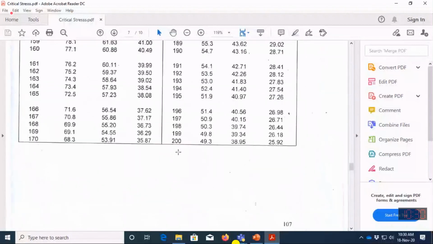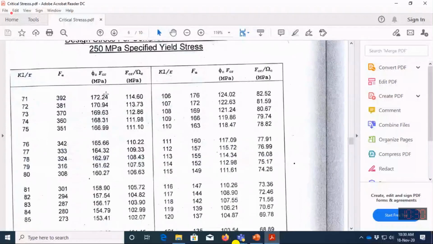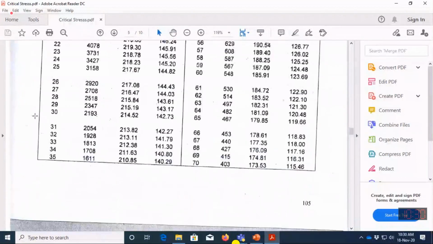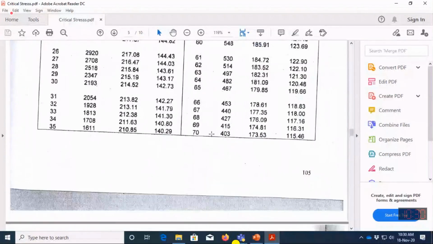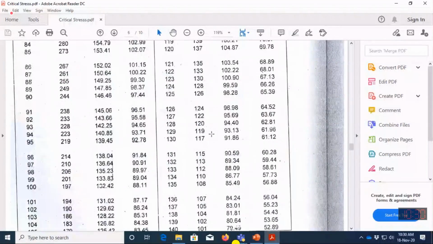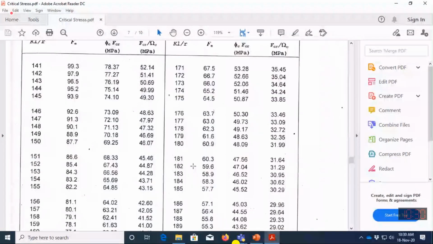These tables provide us the φcFcr value for different slenderness ratios, starting from 1 to 200. Why 200? Because 200 is the maximum allowable slenderness ratio for a compression member.